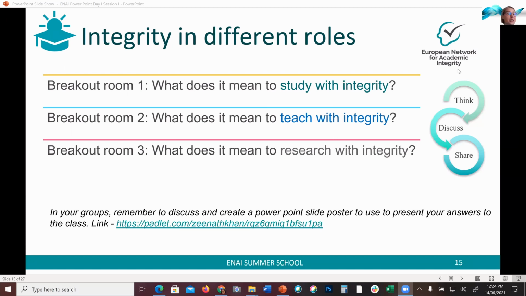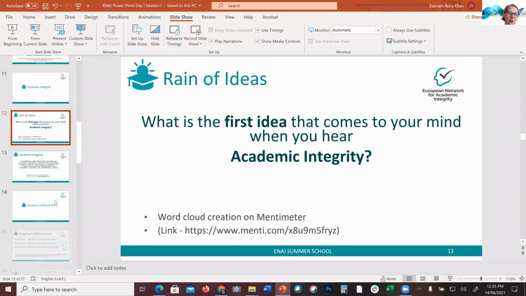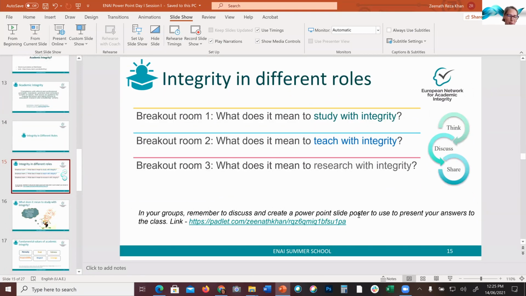Yes, maybe you are a researcher now, but of course you have to be in the studies. So this is the next practice. I think we will assign people randomly to the breakout rooms, and I will come to breakout room 1. Martin will go to breakout room 2, and Zinat to breakout room 3.